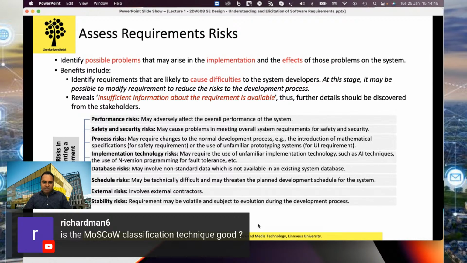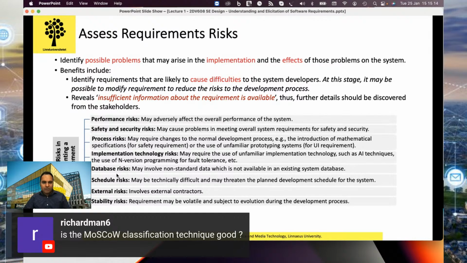And there can be many different types of risk. For example, performance risk, security or safety risk, process risk. Process risk is, for example, that this requirement will take much more time to develop. So it will slow the whole development process, and it will slow the delivery as well. There can be database risk, for example.